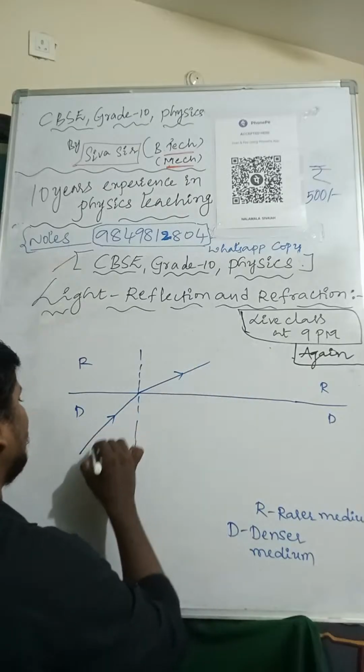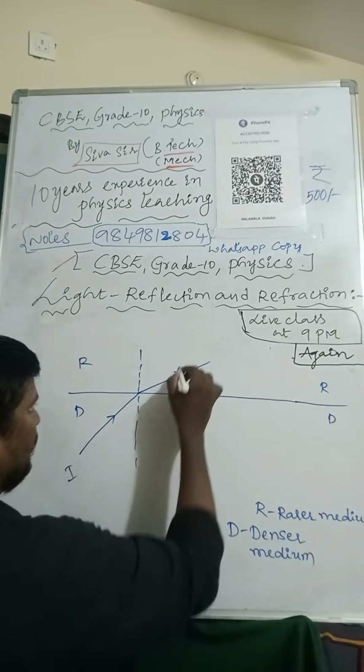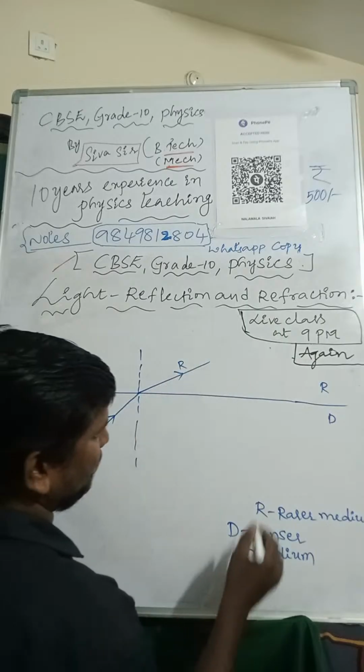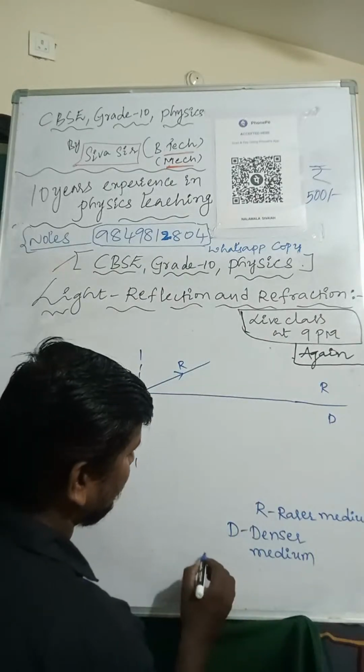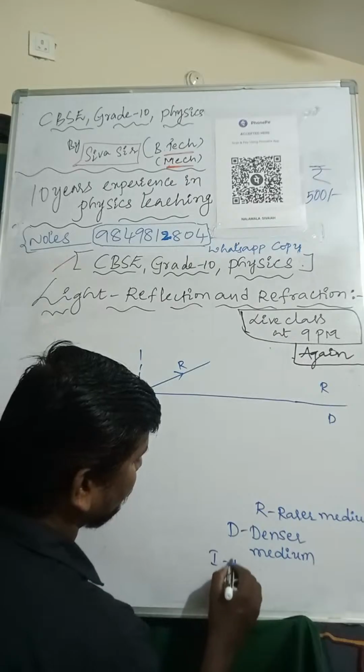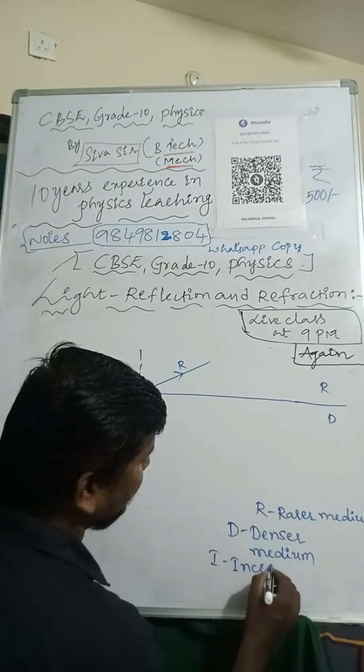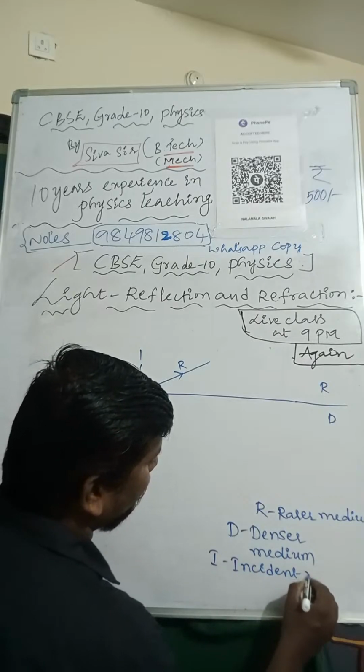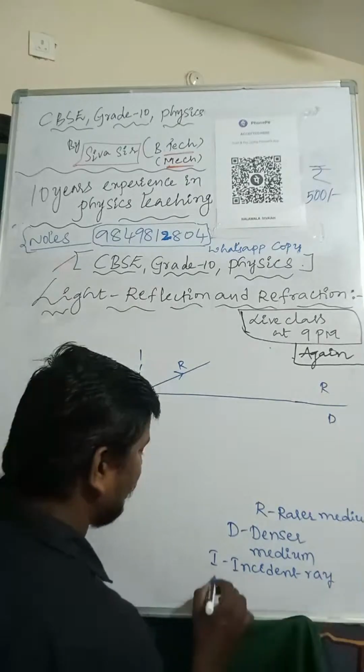So I is the incident ray and R is the refracted ray.